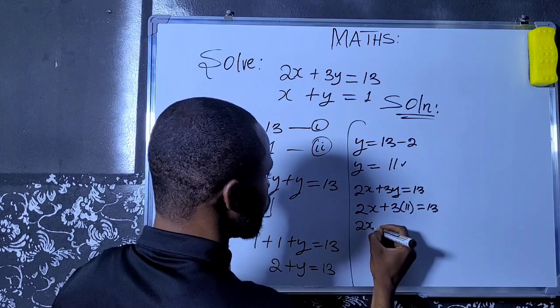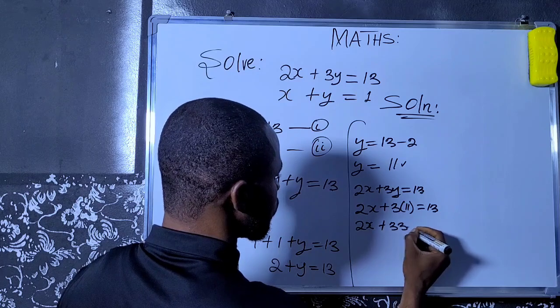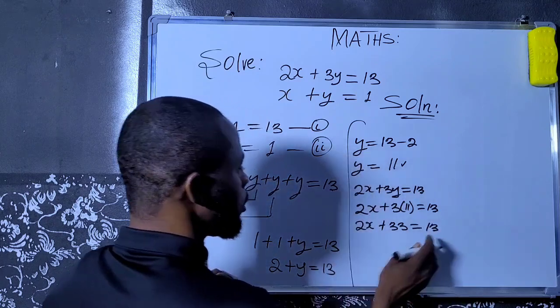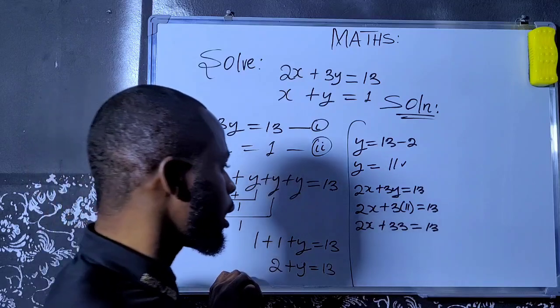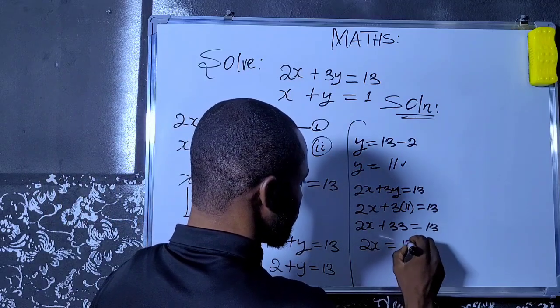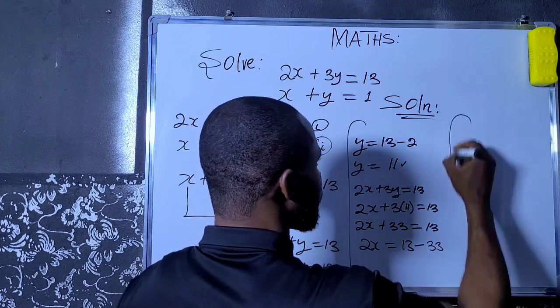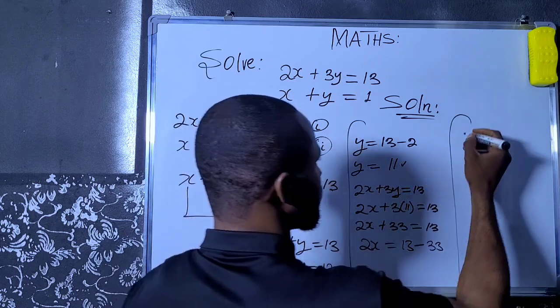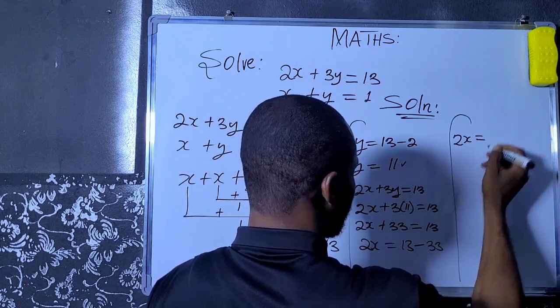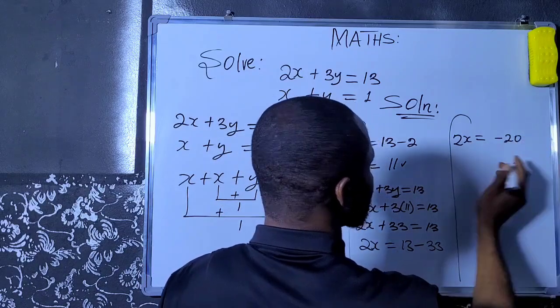And we have here 2x plus 3 times 11, that gives us 33 equals 13. Here, we collect like terms, and the equation becomes 2x equals 13 minus 33. When here, we have that 2x equals 13 minus 33, that gives us minus 20.